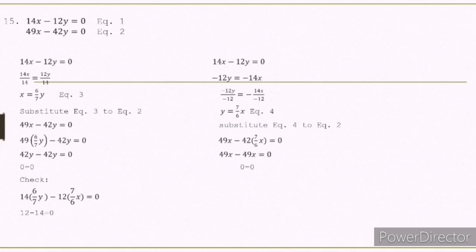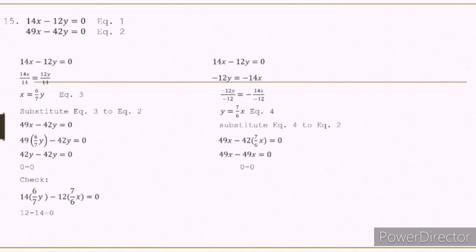Then we divide both sides by 14. So 14x equals 12y, divided both sides by 14. So it will be x equal to 6 over 7y. This will be our equation 3.